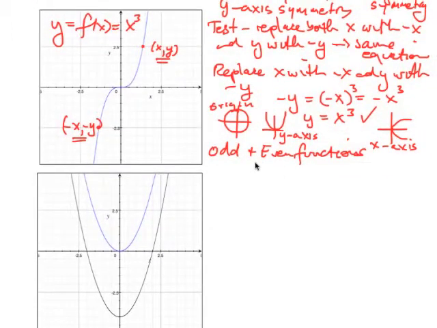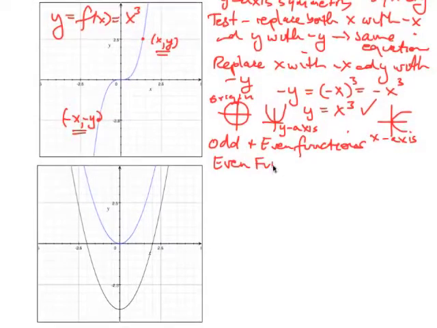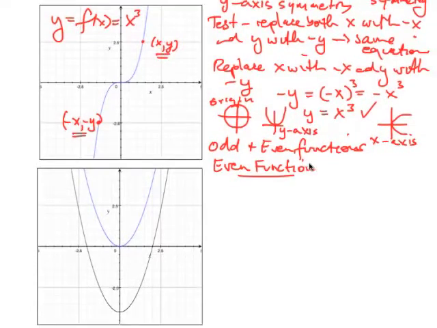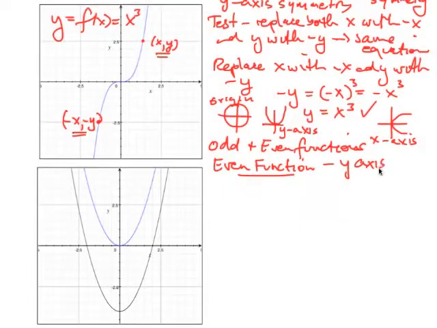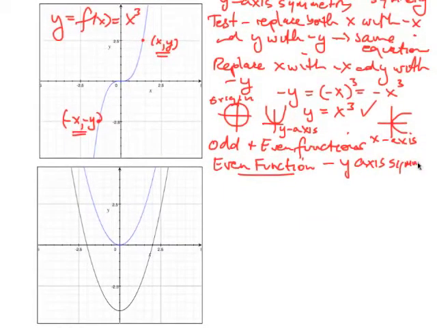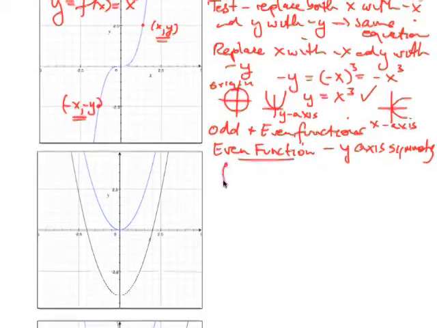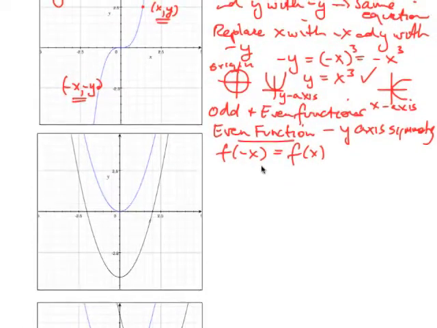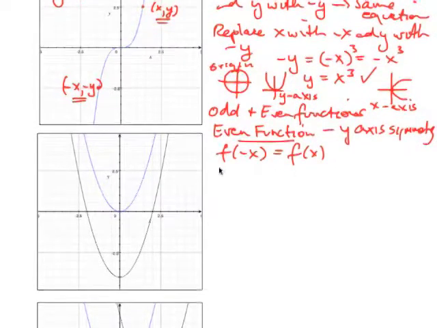When we talk about an even function, what we're saying is that it will have y-axis symmetry. And the way we test it, therefore, is when we take f of negative x, we end up with exactly the same thing. So when we replace x with negative x, we end up with the same function value.